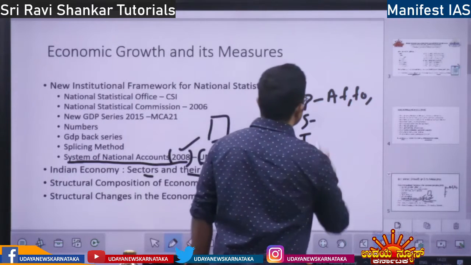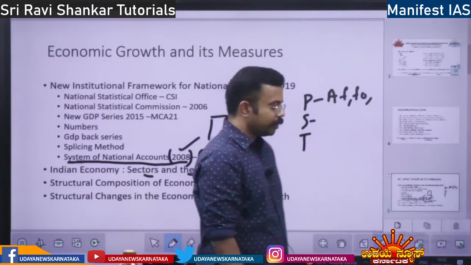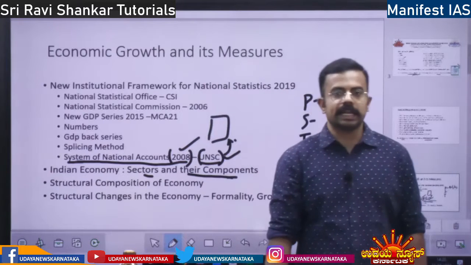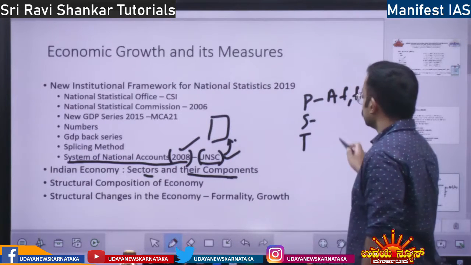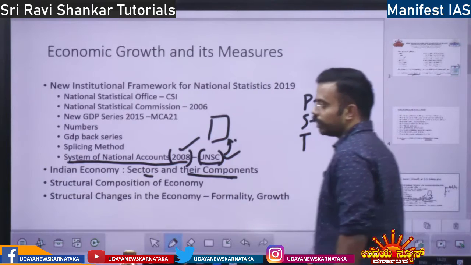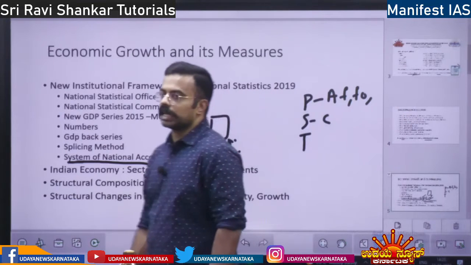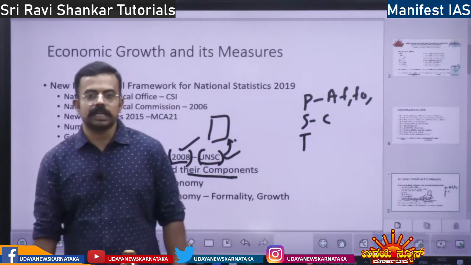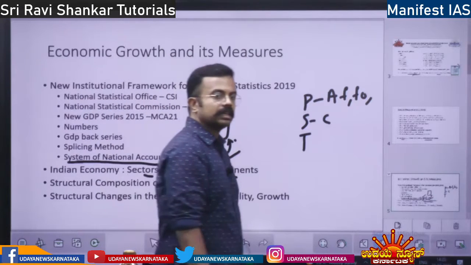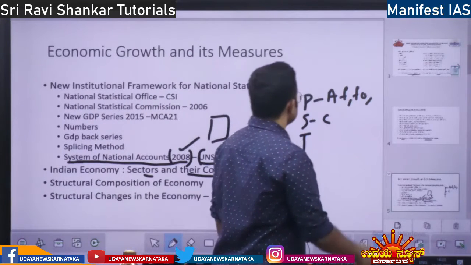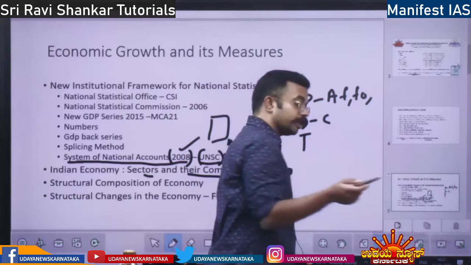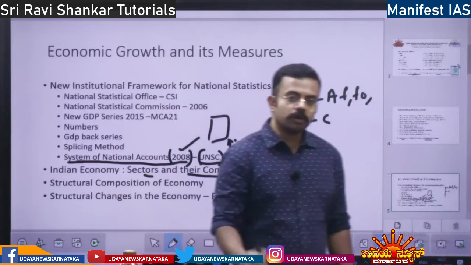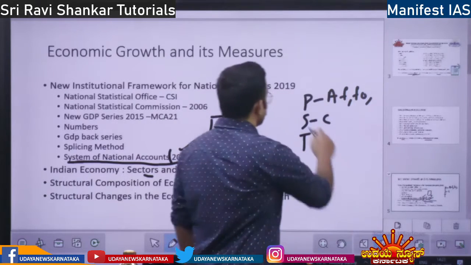Next, secondary sector: we have manufacturing industry, construction industry, and electricity production, coal production, petroleum production, right? I mean energy produced from coal. Just coal extraction falls under primary industry.